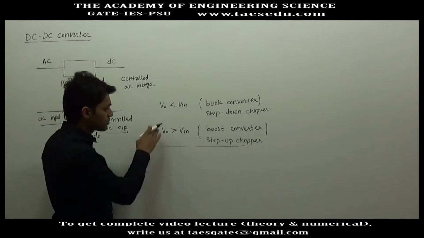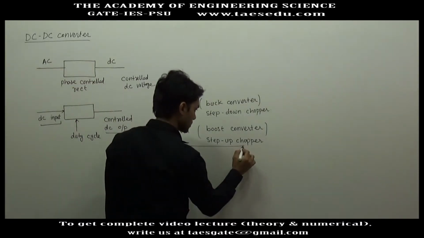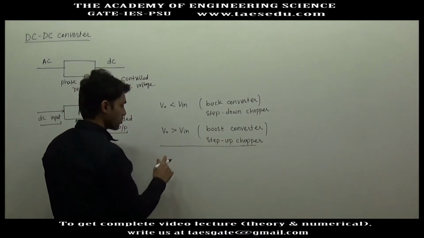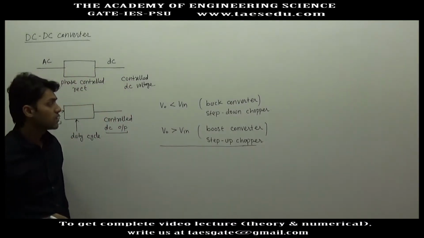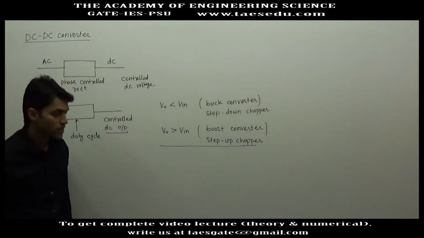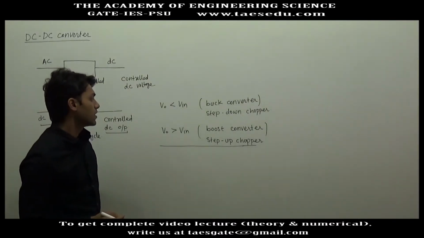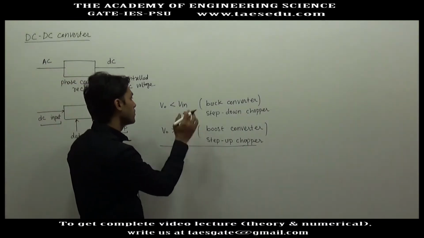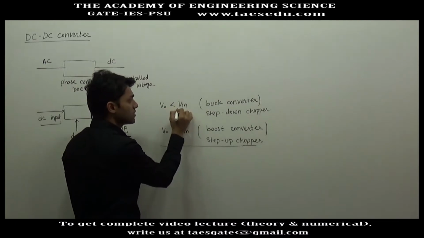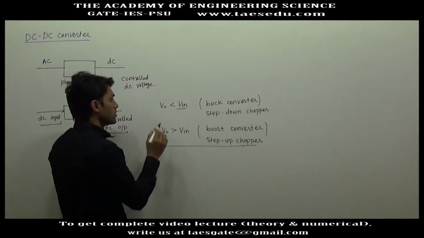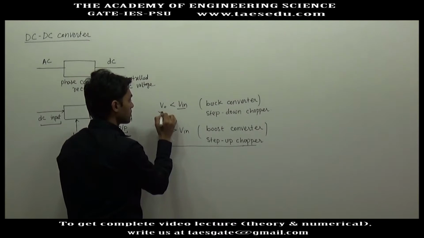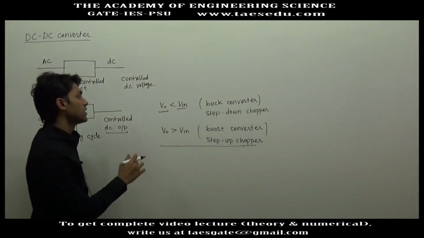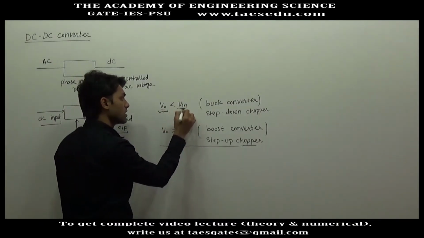Apart from these two converters, there is a third converter in which output may or may not be greater than input voltage. In buck converter, the output voltage will always be less than input voltage. You can control the output voltage, but in each case output voltage will be less than input voltage.